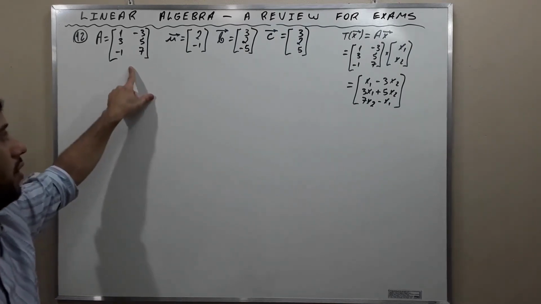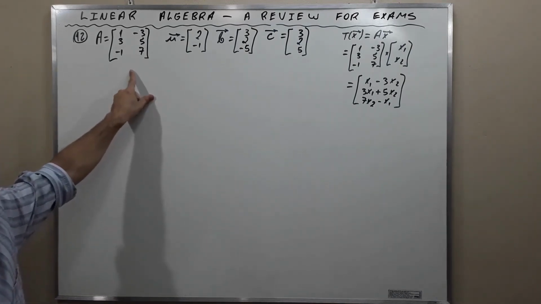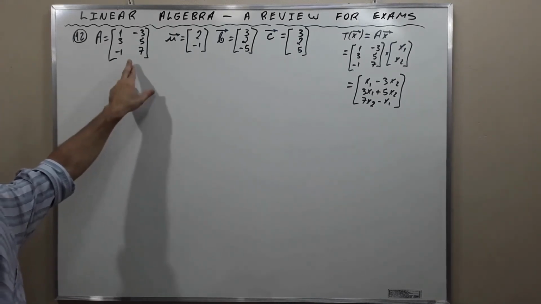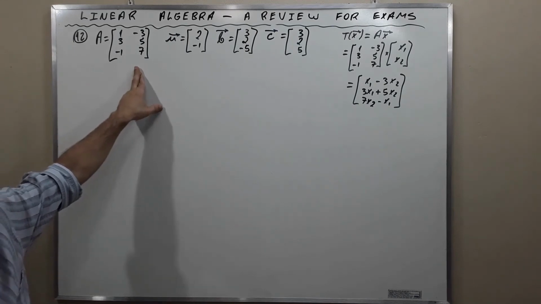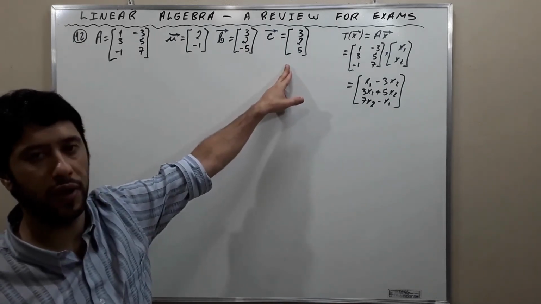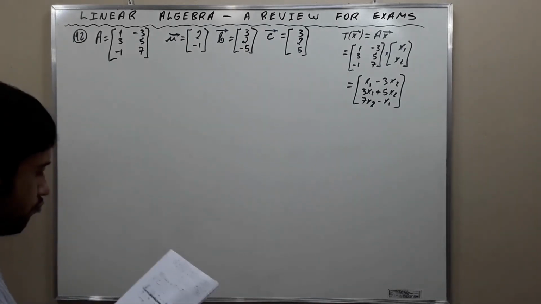Okay? If C is in the range of this transformation, this is the idea behind the range. If C is in the range of this transformation, it means that if we apply this transformation to any kind of vector of the domain, C is going to pop up at the output, okay?